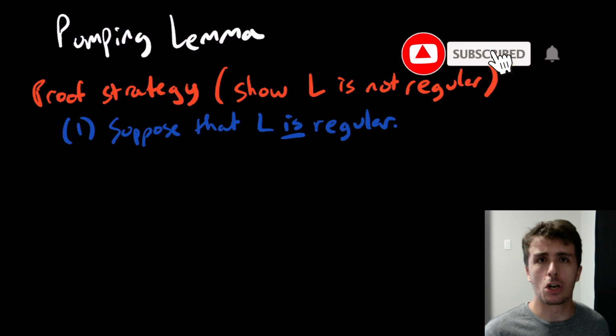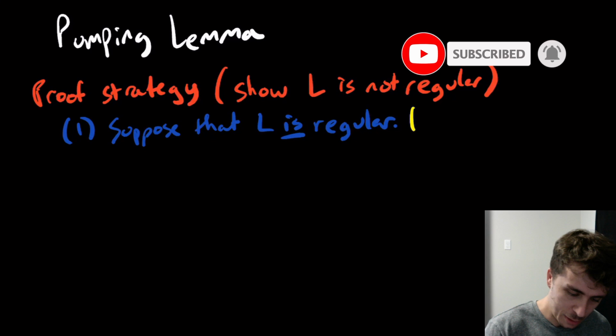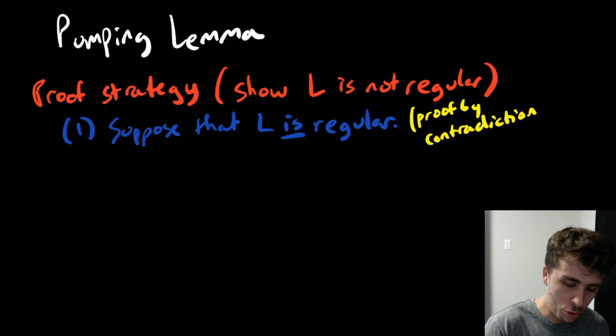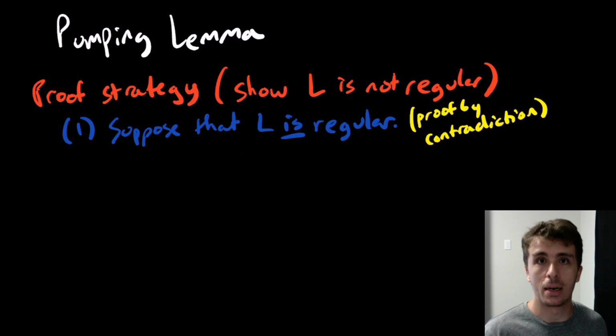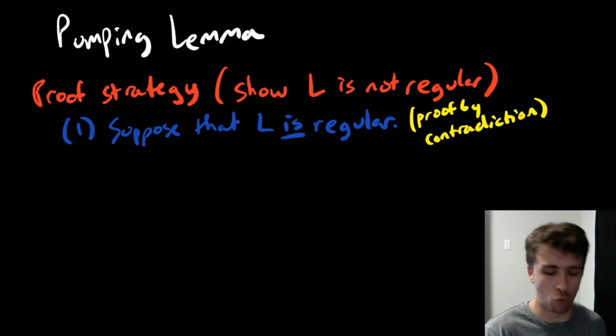This is what is called a proof by contradiction. I'll even write that down. The thing that we want to prove is exactly the opposite of what we're supposing here. And if we get a contradiction at a later point, then we will really prove what we set out to prove, because our supposition here was just wrong.